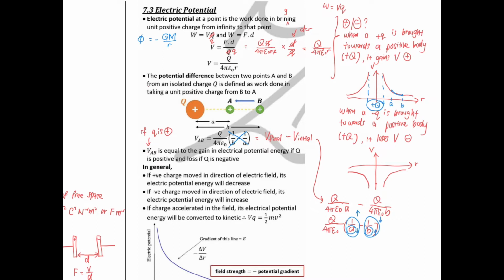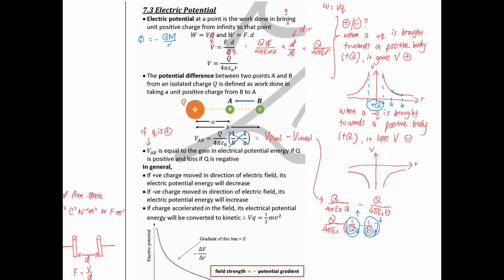VAB is equal to the gain in electric potential. As we have discussed, it moves up, the graph moves up. So gain in electric potential energy. Now they start with energy. You have to know electric potential and electric potential energy are different, slightly different actually. So it is a gain if Q is positive, and a loss if Q is negative.